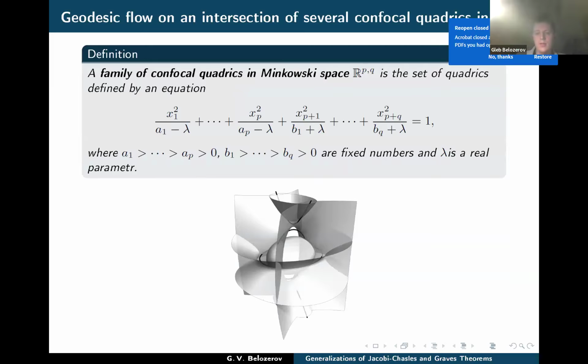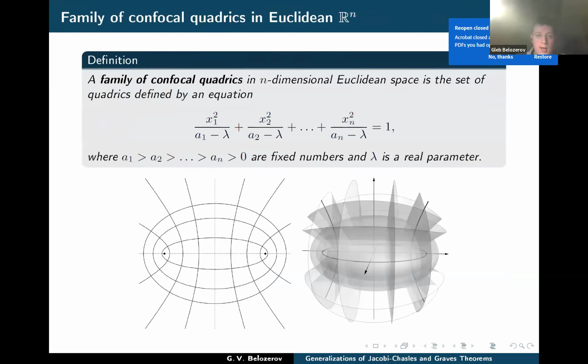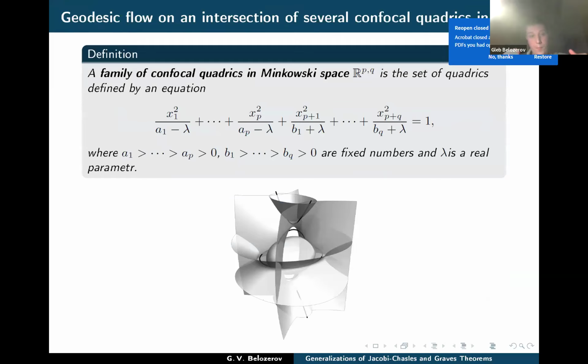In the Euclidean case we have all minuses, and in the Minkowski space we have p minuses and q pluses. Okay, can I continue?